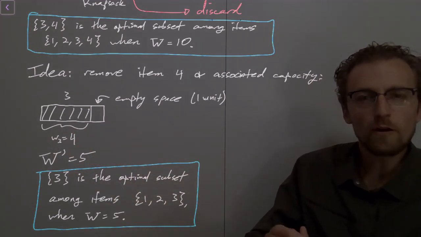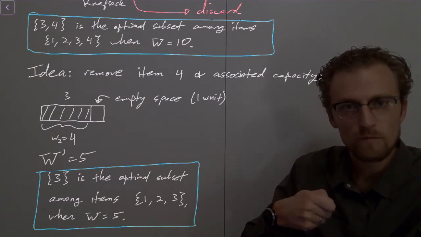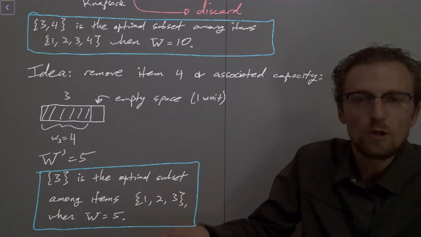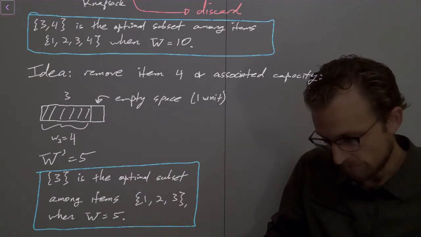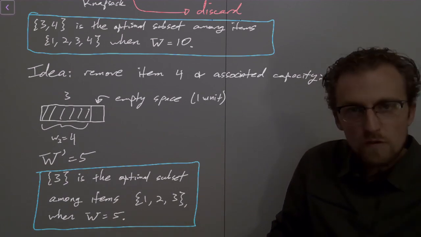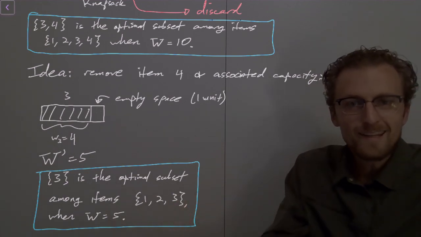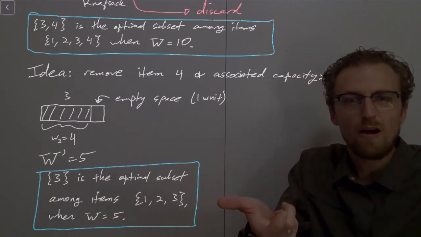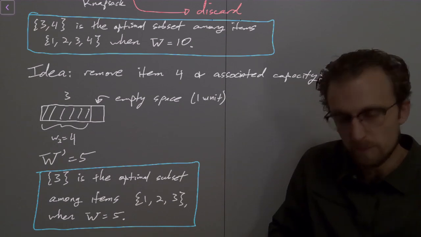Now let's figure out a subproblem of my original problem, which results from removing one of the items from my optimal subset. If I remove an item from the optimal subset, the question is, what is the remaining stuff optimal for? And the answer is, it's optimal for the problem I've described below.